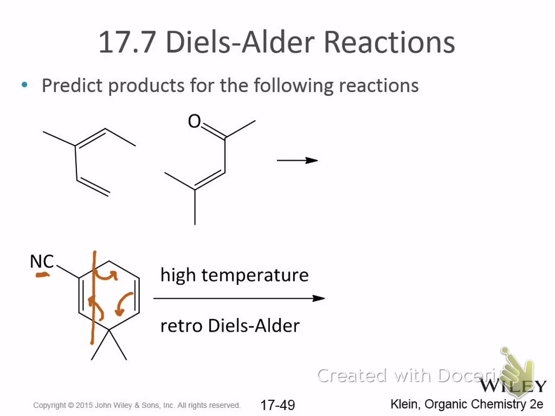Now there's already a pi bond present there, right? So that means it becomes a triple bond. Like that.